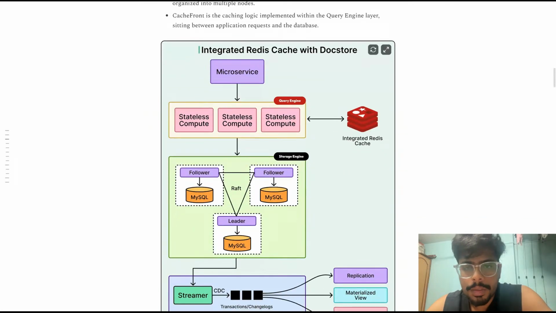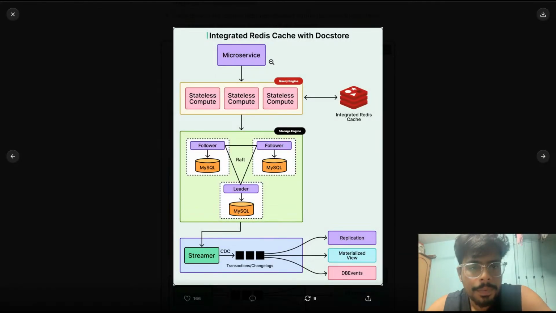So let's just say this. Basically, if suppose there's a microservice over here, this is the query engine which makes most of the queries, and here is the storage engine where we have MySQL and other things.